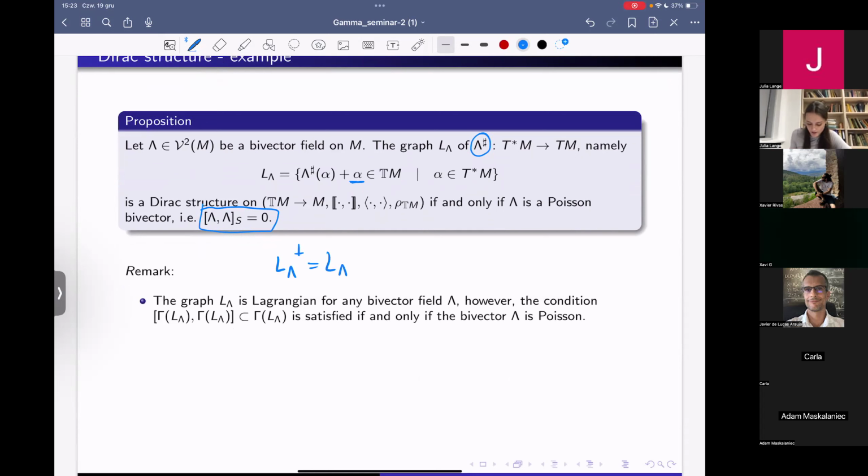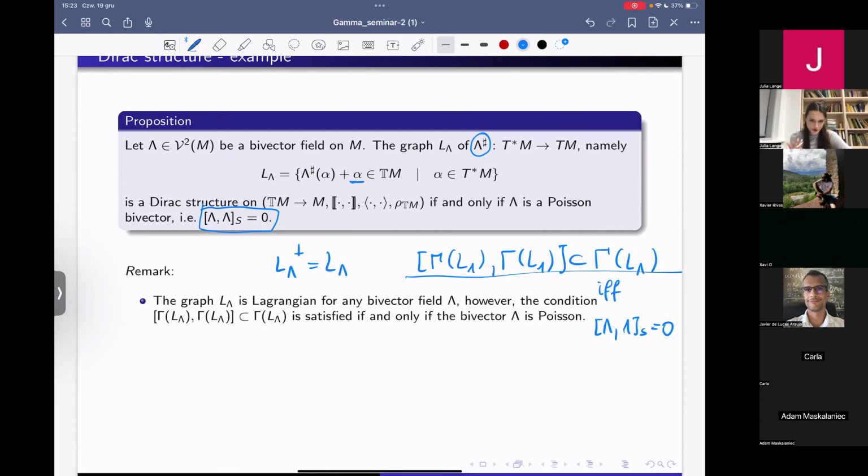However, for lambda not being Poisson, it fails that the sections of L_lambda are closed under the bracket; this holds if and only if lambda is Poisson, okay?